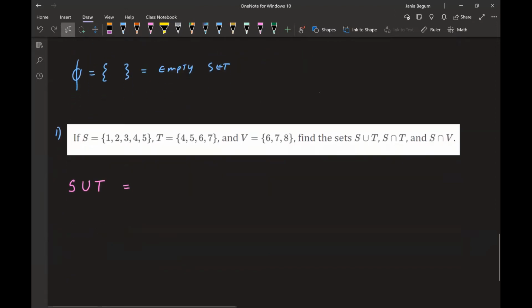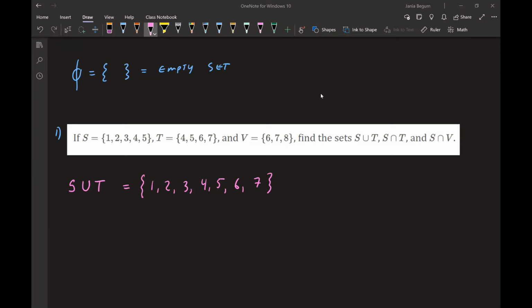So S union T would be the set containing everything that's in S, which is 1, 2, 3, 4, 5, and everything that's in T. T has 4 and 5, 6, 7. I already have 4 and 5 from S, so I'm just going to list what's missing, 6 and 7. So that's what S union T would represent. It's a new set, but it's the union of S and T. Any questions on that?